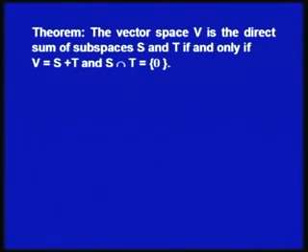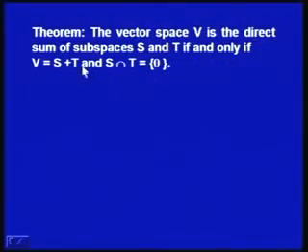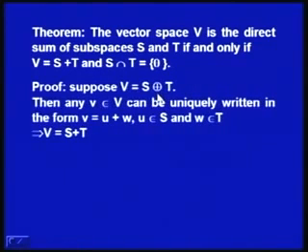The basic difference between direct sum and sum is that while we can express V as the sum of S and T, here the representation is unique, and this is guaranteed by S intersection T being equal to 0. So let us try to prove this.